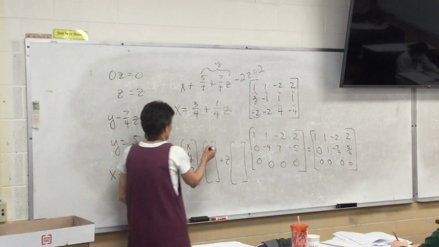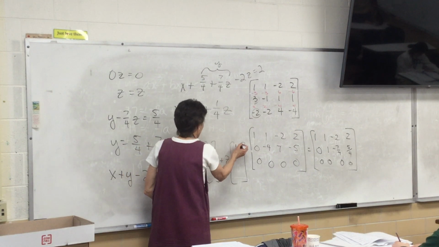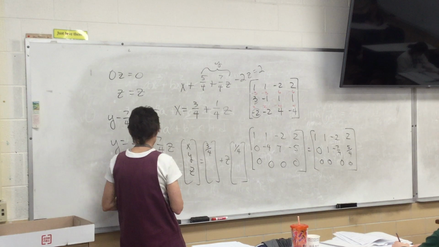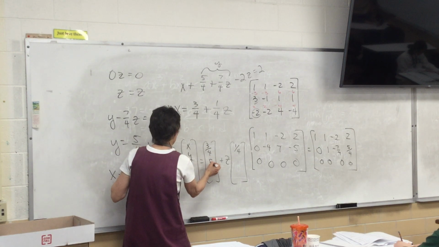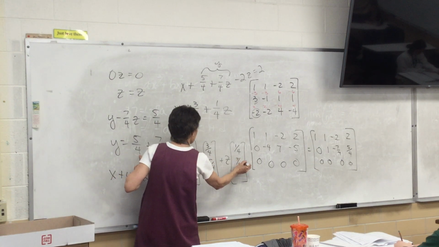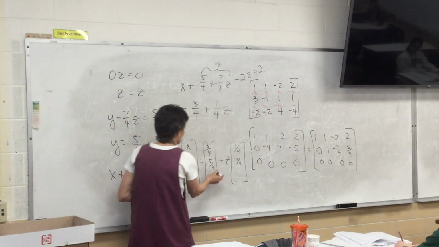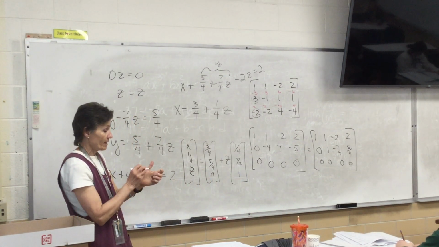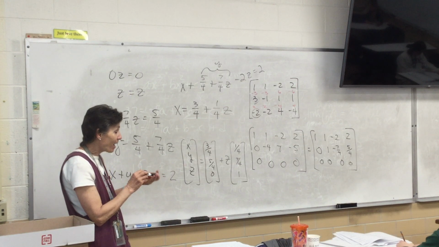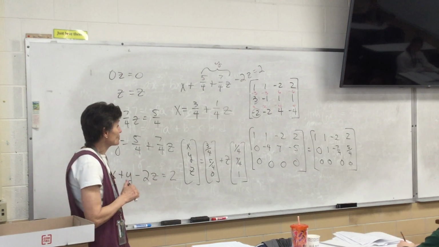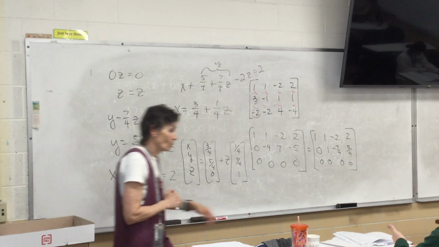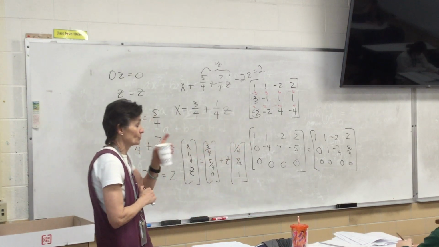So if I did my arithmetic right, no guarantees on that, I have 3/4 plus 1/4 z, 5/4, 7/4 z, and 0 plus 1 z. And that happens a lot when you solve big systems of equations. You don't always get a unique solution.